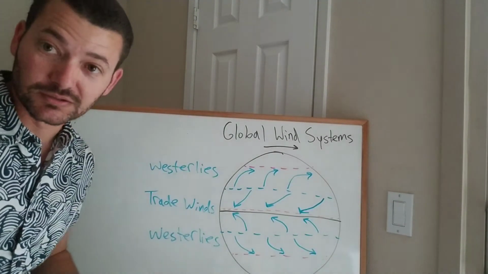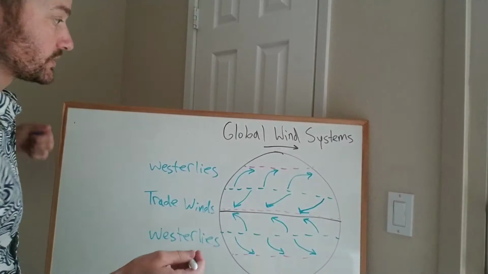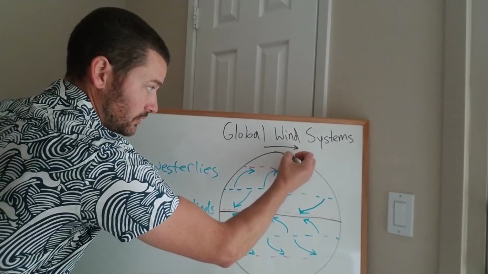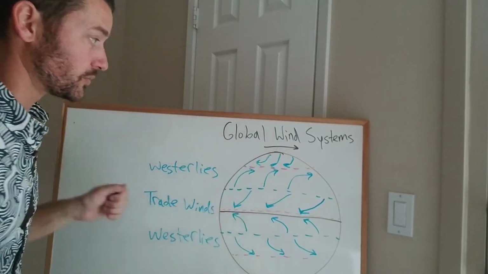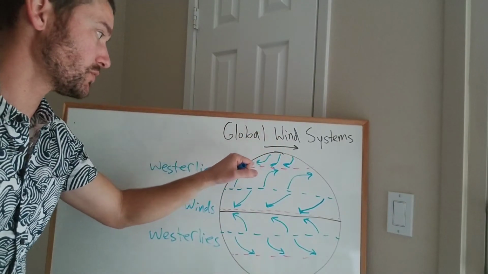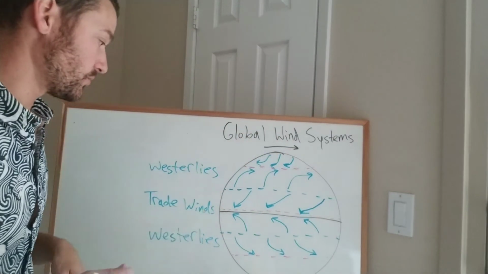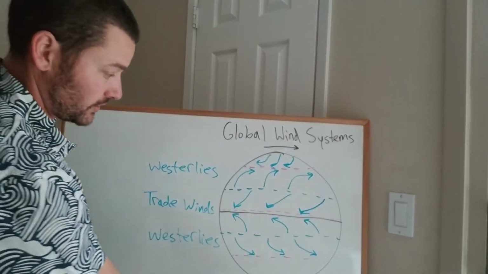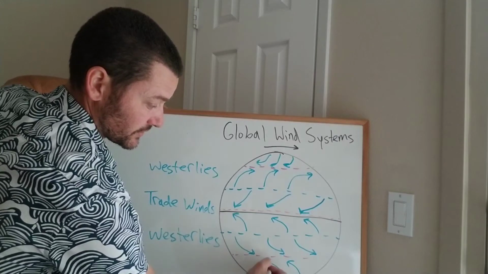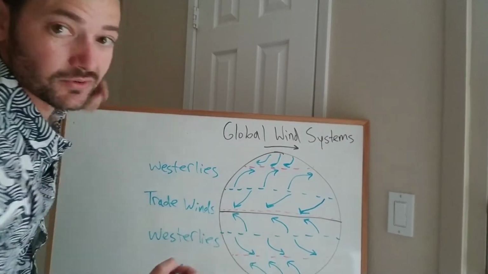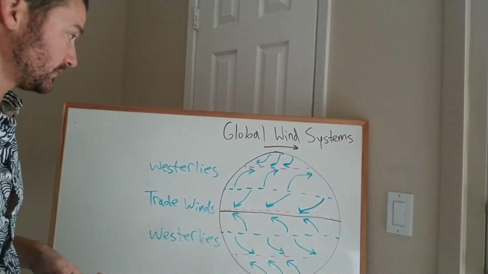Okay, final wind system is going to come from the poles. So it goes from the polar high down to the subpolar low, deflection to the right in the northern hemisphere. In the south, it's going from the polar high to the subpolar low, deflection to the left in the southern hemisphere.